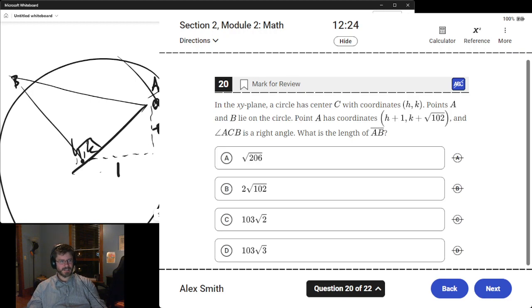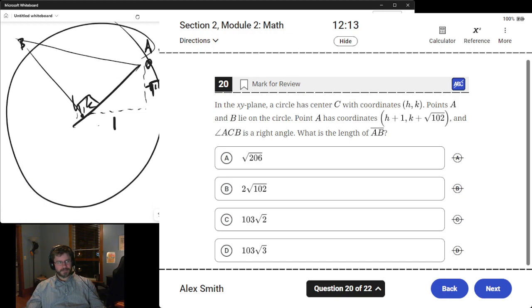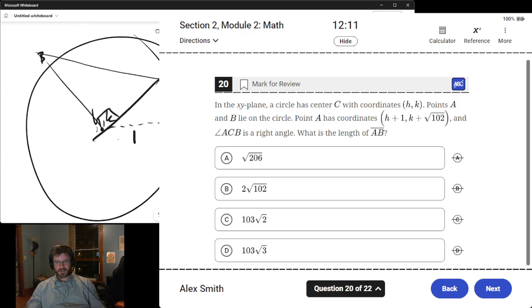I've lost my cursor. There it is. Okay. So we've got a 90-degree triangle. A is off that way. B is off that way. We want to find this distance right here.